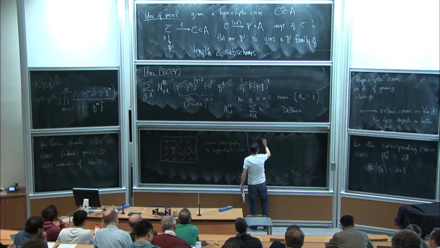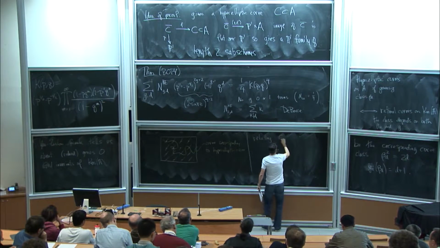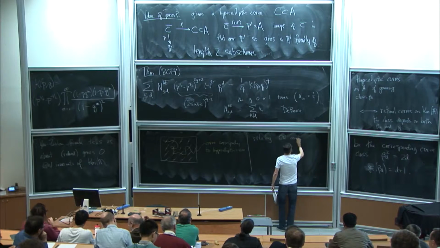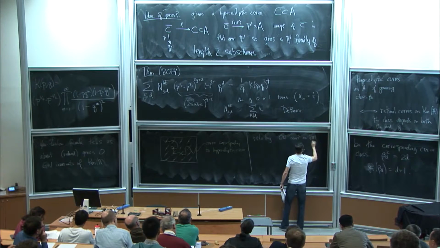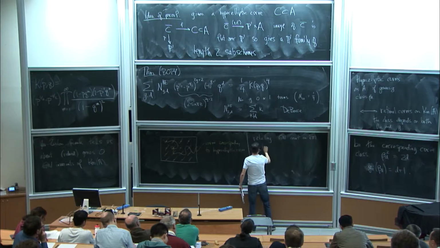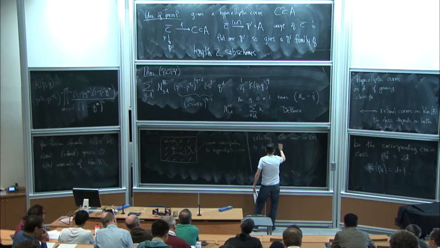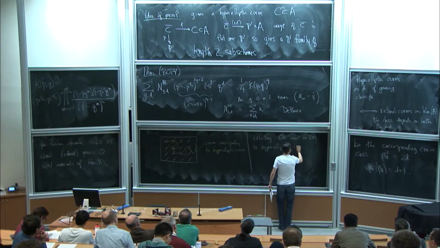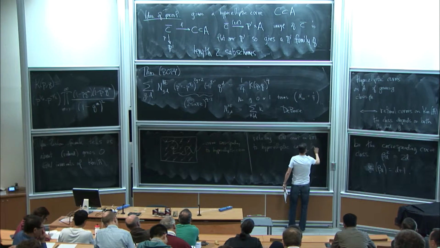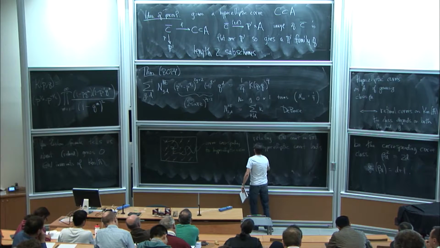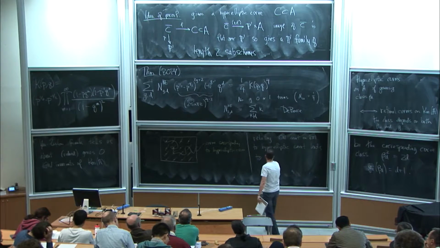So relating the Gromov-Witten count on the Kummer to the hyperelliptic count, that leads to this left-hand side of the formula.